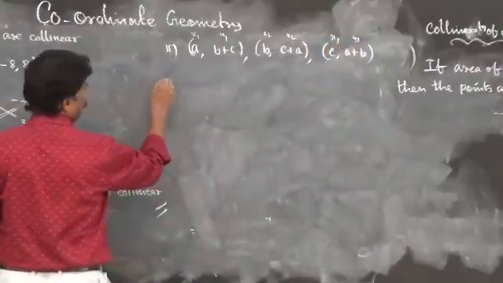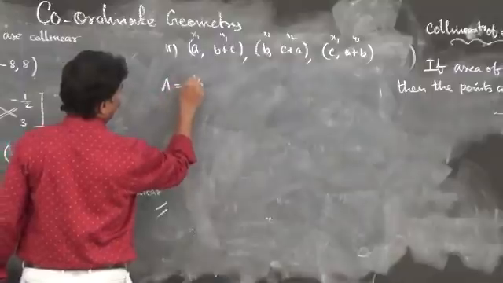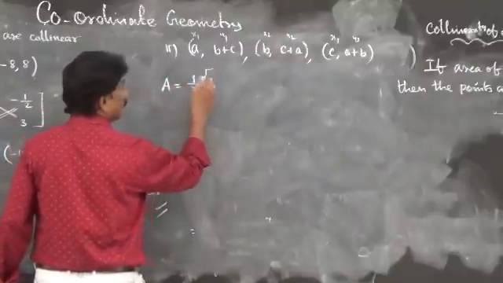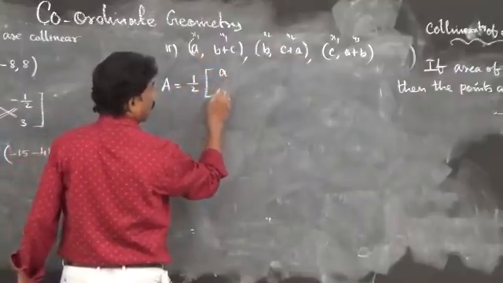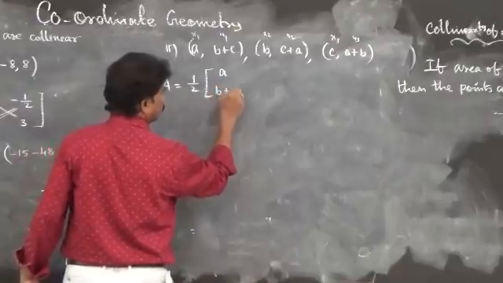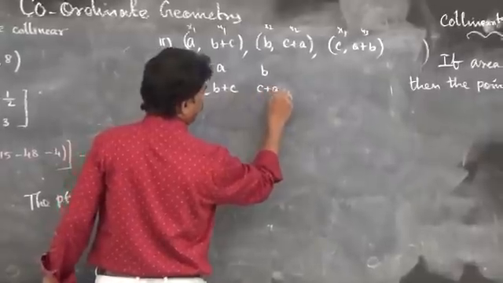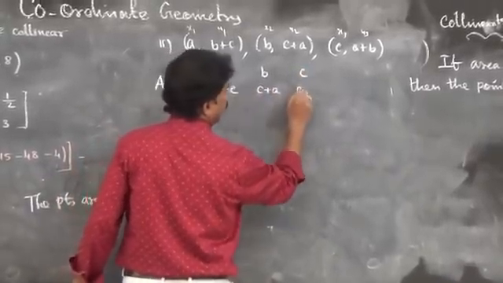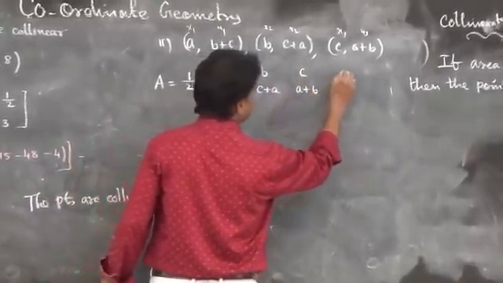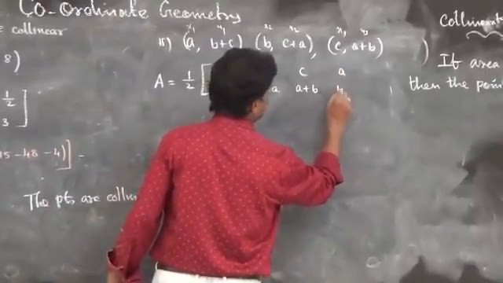Find the area. We know the area formula, 1 by 2: x1 A, comma B plus C; B, C plus A; C, A plus B; and A, B plus C.